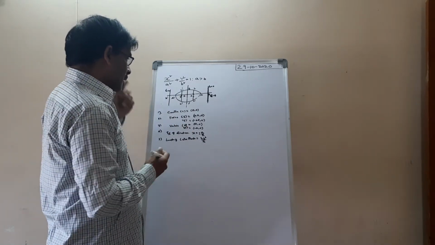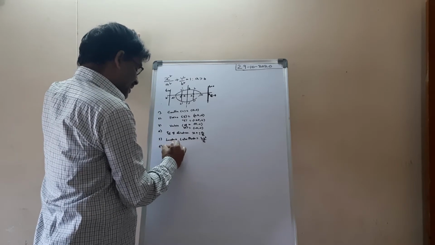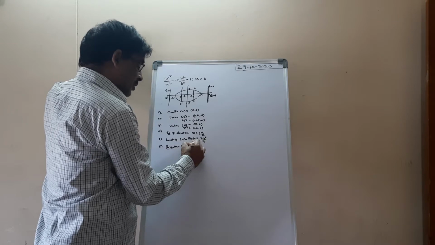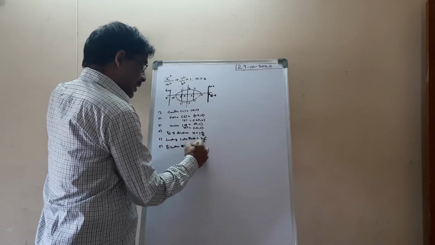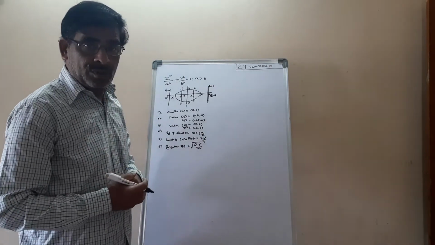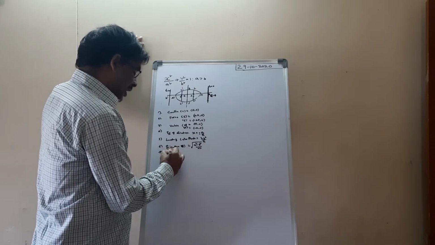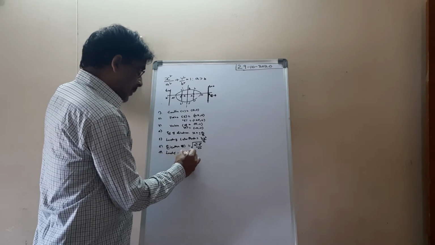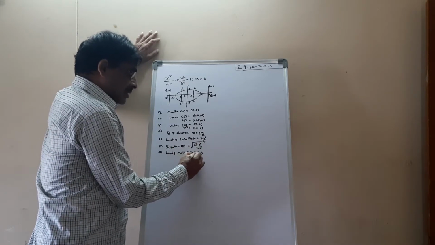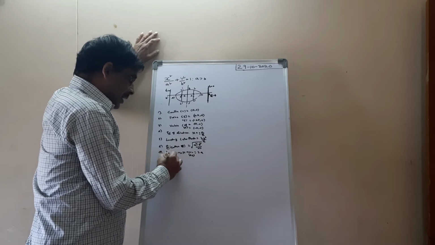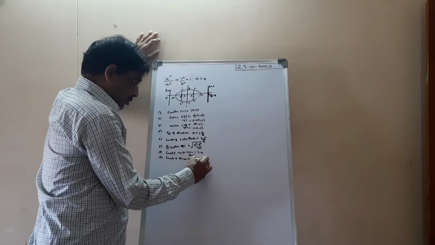Next, eccentricity e equal to square root of A square minus B square by A square. Sixth one, length of major axis equal to 2A, that is A A dash, and length of minor axis equal to 2B.